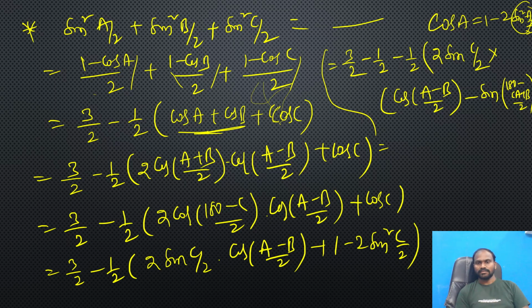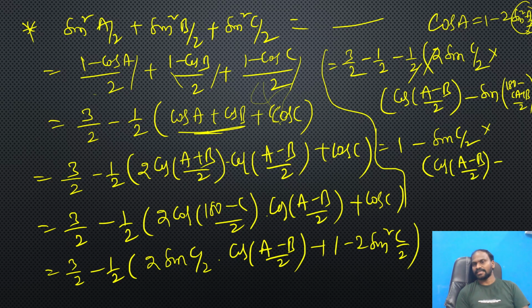So this is 1 minus 1 by 2, of course the 2 gets cancelled. Then I have sine C by 2 into cos of A minus B by 2 minus sine of 90 minus theta. 180 by 2 is 90, and 90 minus theta is cos theta. So cos of A plus B by 2.